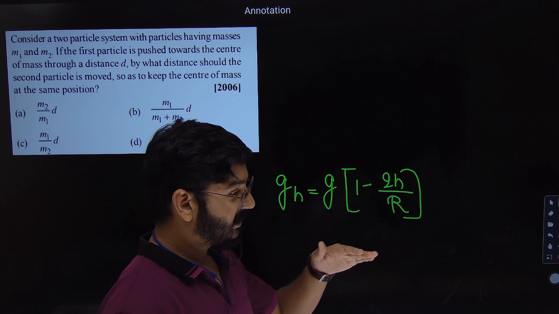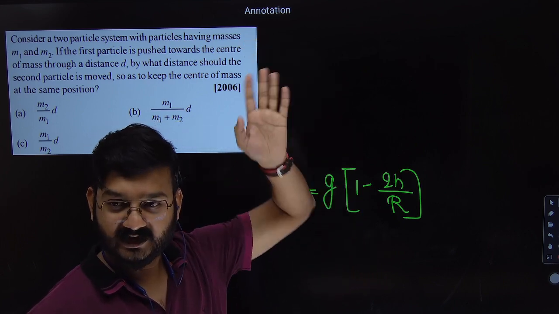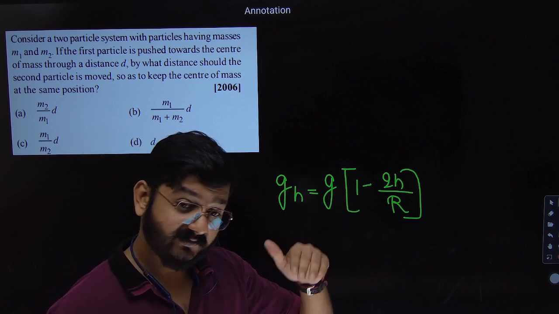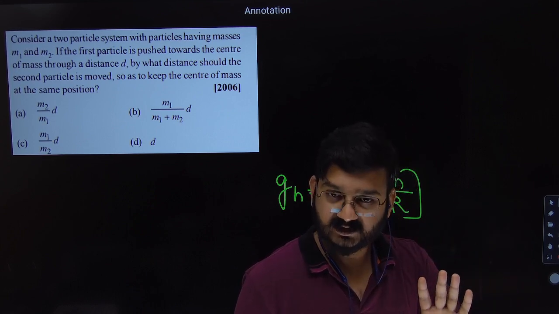So what do you understand? If I am moving at a particular height from the surface of the earth, and the height should be significant, the value of g will decrease. If g decreases, what will happen to weight? Weight will also decrease.